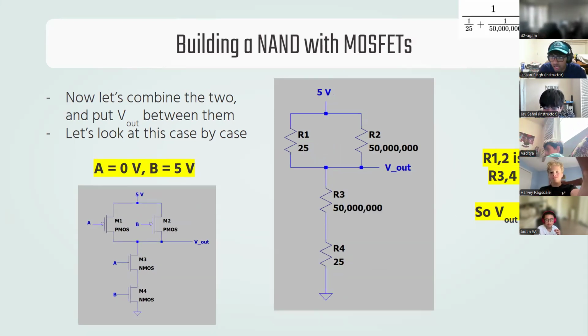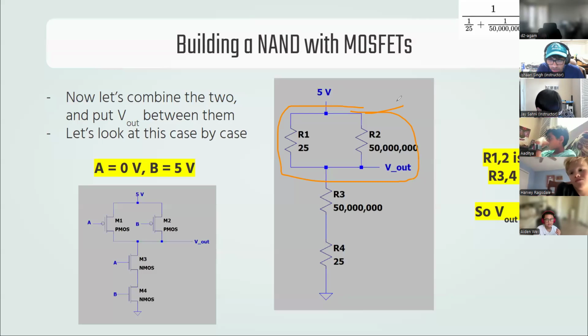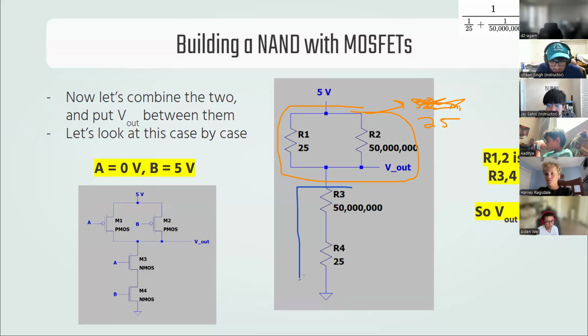Now let's look at the next case. This is the exact same thing as the last case, but we've just turned it around. The resistance of this whole box right here is about 25. The resistance of this whole box right here is about 50 million.